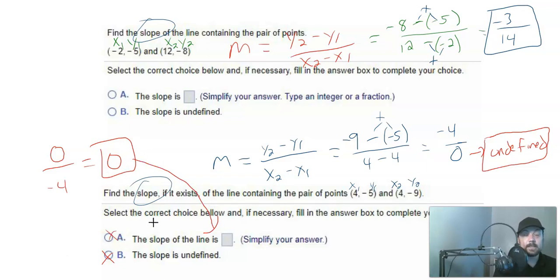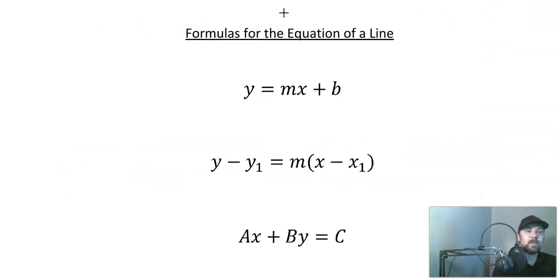That's a slope. It exists. It's equal to 0, and that's the answer you type in for the slope. But if the denominator is 0, the slope doesn't exist. It is invalid. There is no, I shouldn't say there is no slope, right? I said don't say that. But it's non-existent. And so you want to say the slope is undefined in that case. All right, so just be on the lookout for either of those possible cases.